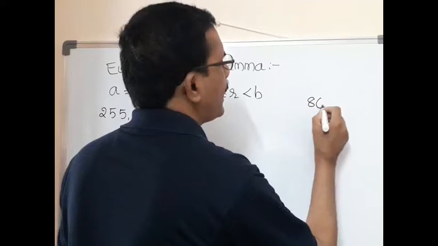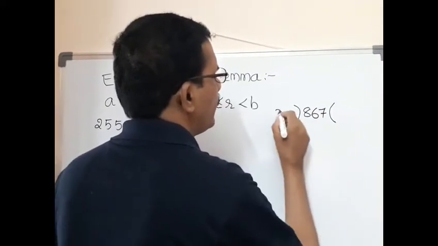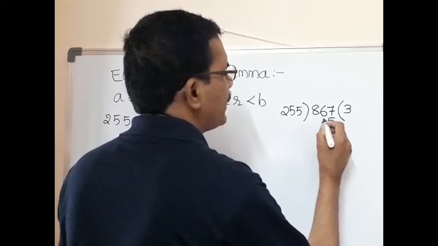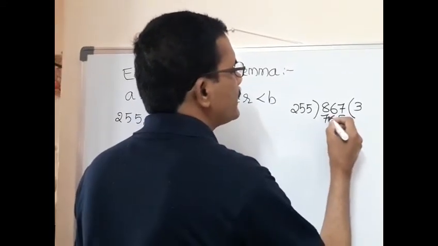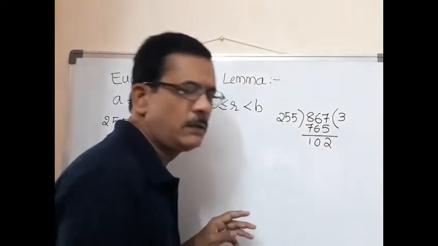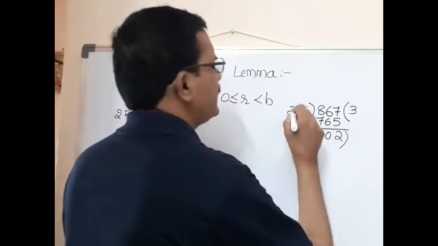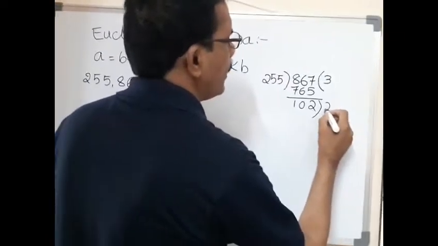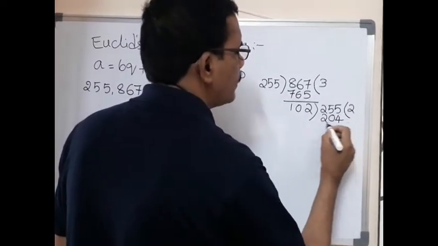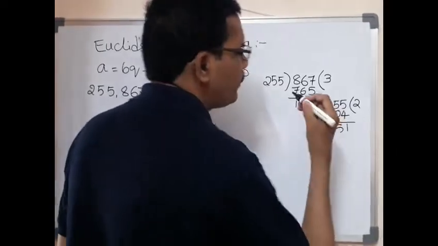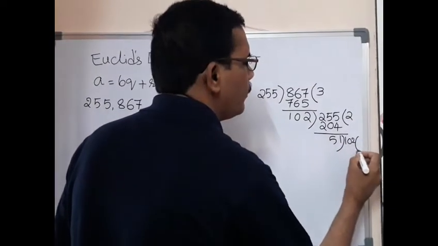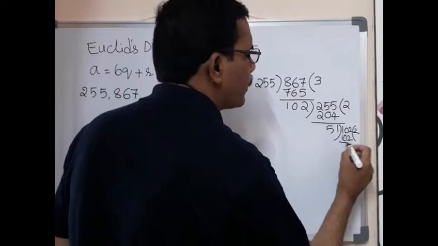So let us divide the larger number by the smaller number. 255 3s are 765, remainder 102. Dividing 255 by this remainder 102: 102 2s are 204, remainder 51. Dividing 102 by 51: 51 2s are 102, remainder 0.